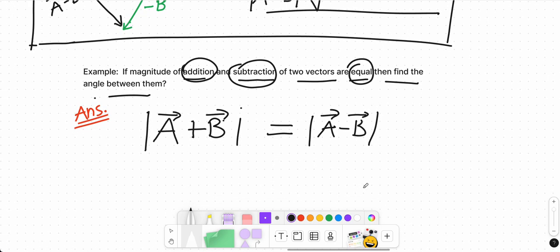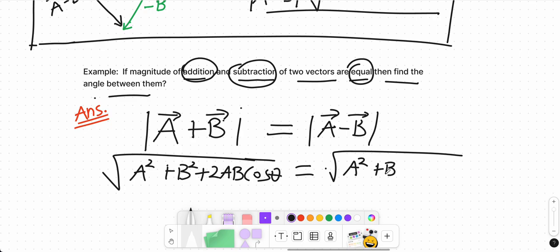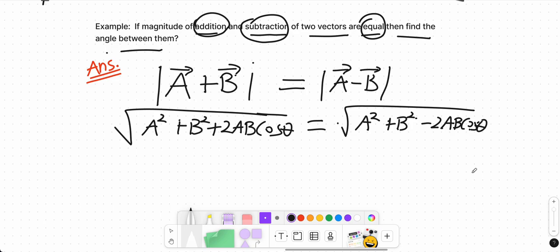But I know this magnitude is root over of a square plus b square plus 2ab cos theta, that is equal to root over of a square plus b square minus 2ab cos theta. Let me take the square on both sides, so the root will go out.